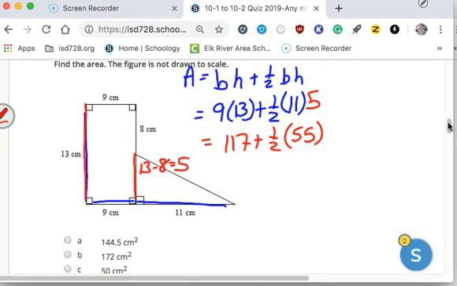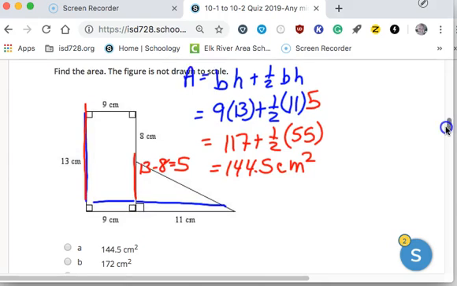So I've got 117 plus 55 divided by 2, and that's 144.5. And again, I've got to dress it up, centimeters squared. I think I said 145.2, so it's 144.5, and that's centimeters squared.